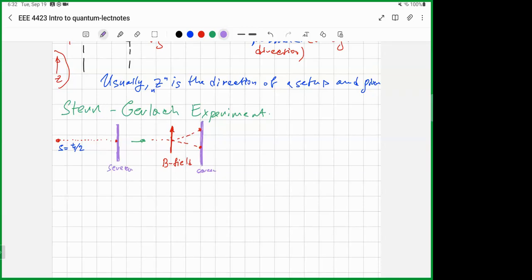This is the second case with magnetic field. So magnetic field somehow broke the degeneracy, and created two spots on the screen, and we denote these spots by +1/2 and -1/2.